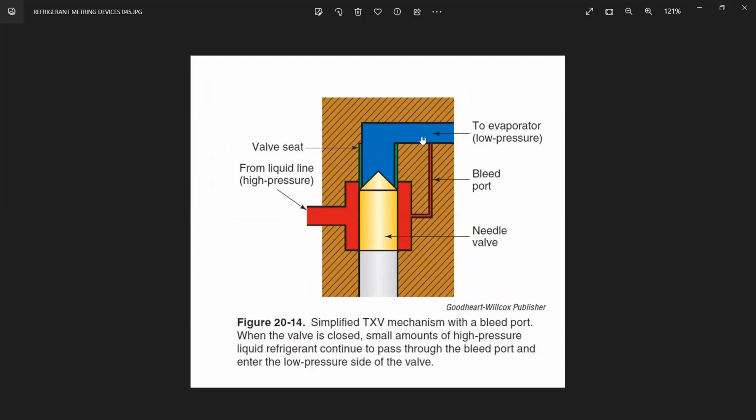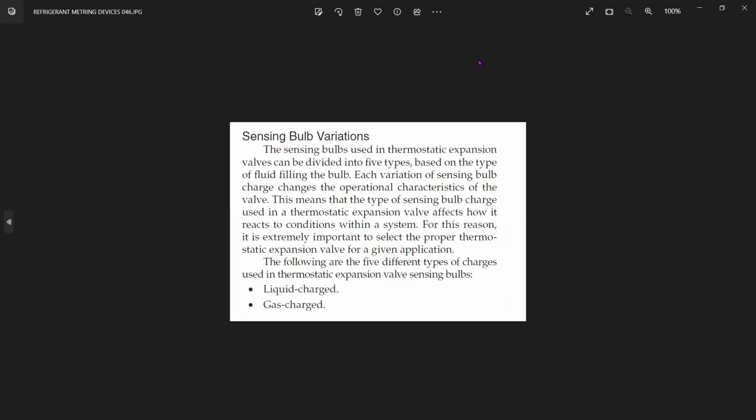So this is always connected and this will always allow a little amount of equalization to take place from the low side to the high side. It will not affect the normal operation of the valve, as only very small amounts are going. But when the system is off cycle, when the valve is shut, it will slowly equalize the low pressure to the high pressure side. So there is a representation of the mechanism. Okay. One second.